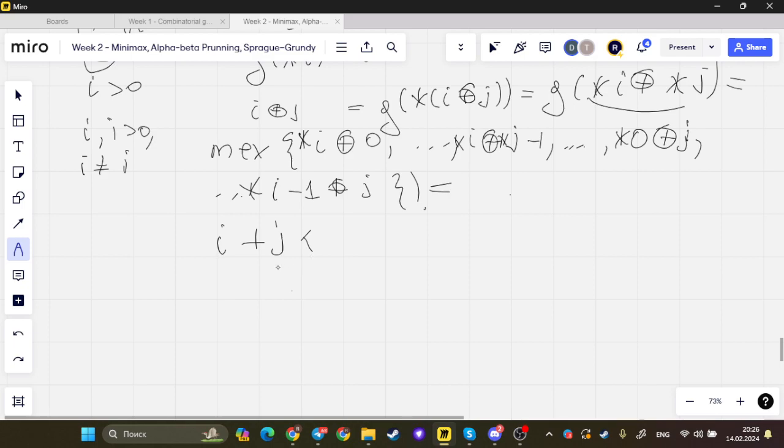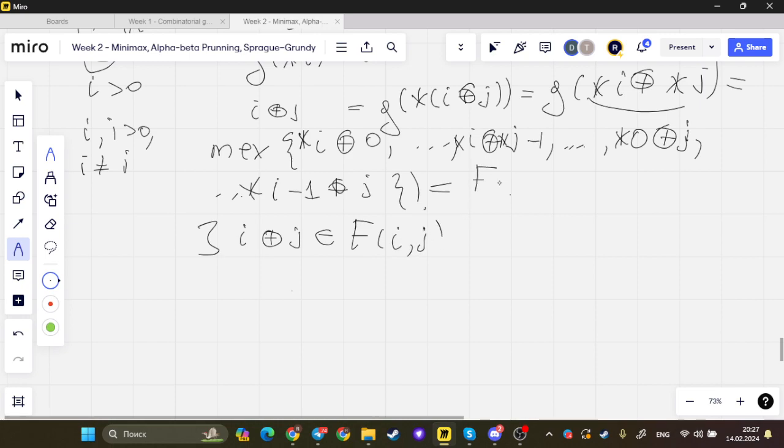Then we need to prove that suppose e plus g belongs to f of g. We define the set like max of f and e g.